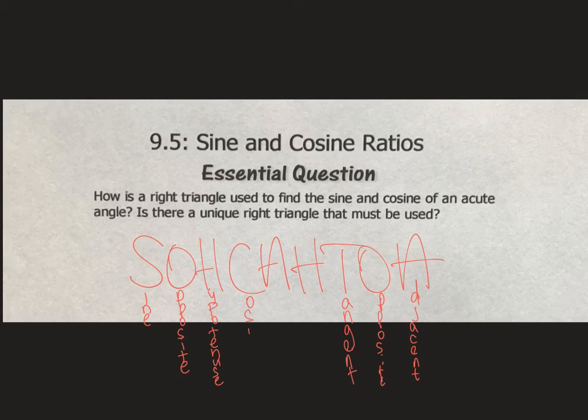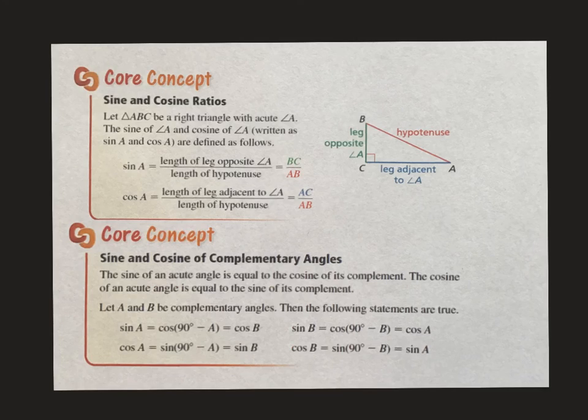So cosine is going to be adjacent over hypotenuse. So we just need to know SOHCAHTOA. If we know SOHCAHTOA, we know how to write sine, cosine, and tangent every time. So we're going to focus on the SOH and the CAH today.